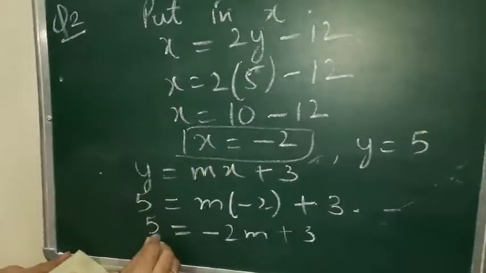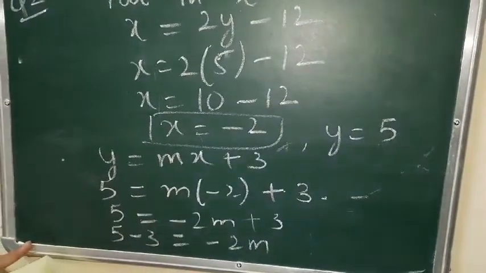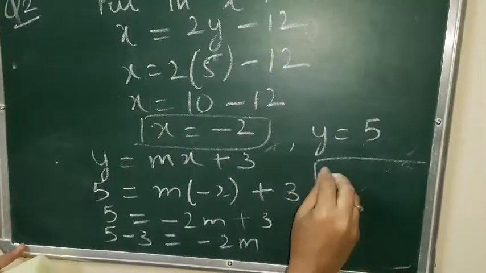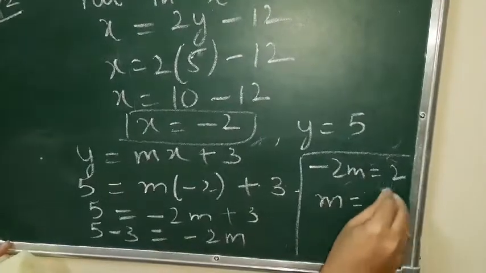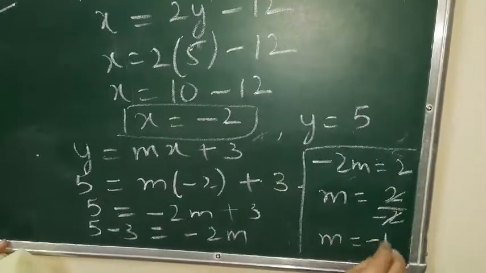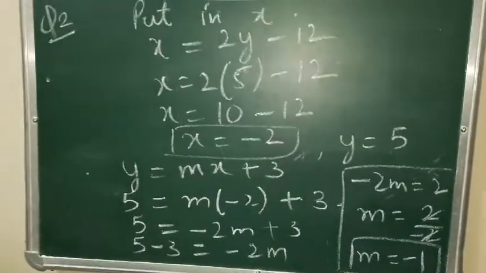Take this 3 to this side. 5 minus 3 is equal to minus 2m. So minus 2m is equal to 2. m is equal to 2 upon minus 2, cut it. m is equal to minus 1. So we have got the value of m as minus 1.